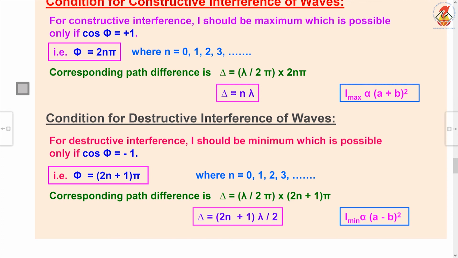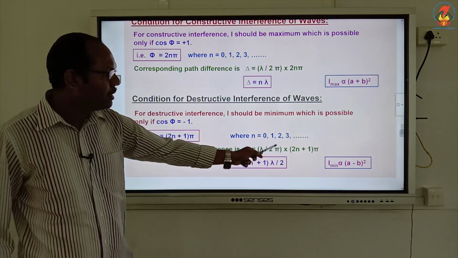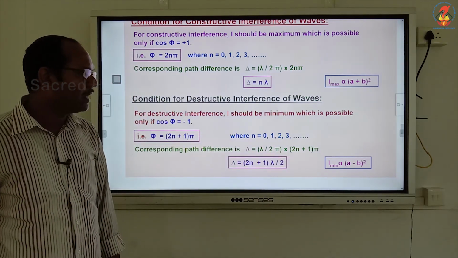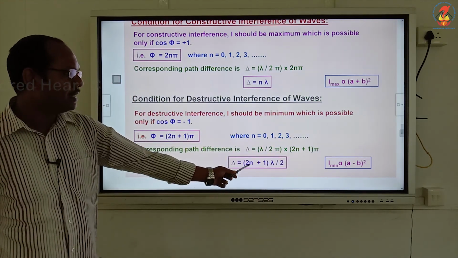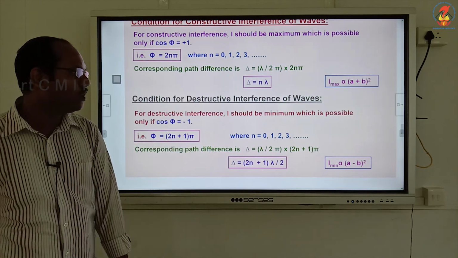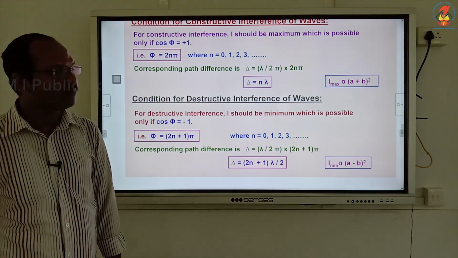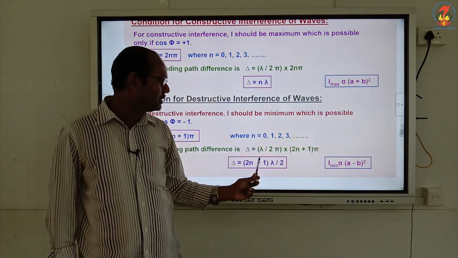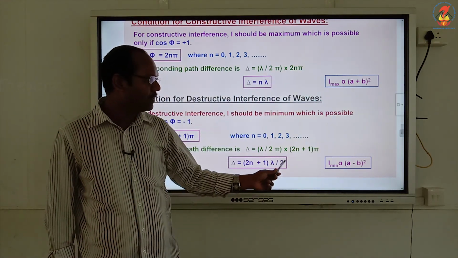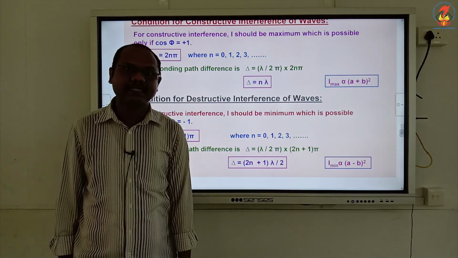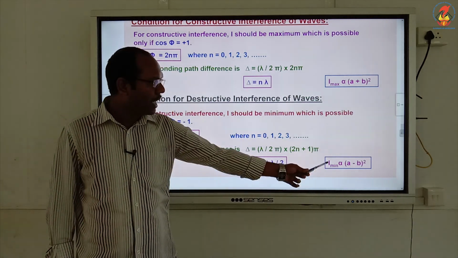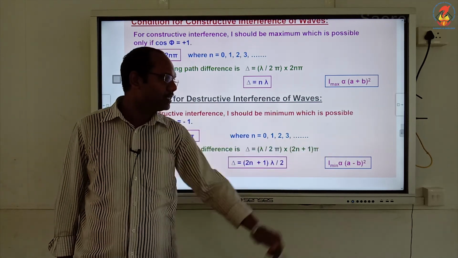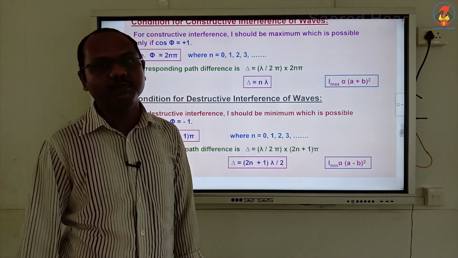And how will we find the path difference? Lambda by 2 pi into phase difference. Therefore, delta is equal to 2n plus 1 into lambda by 2. So delta is equal to n lambda is for constructive interference, and delta is equal to 2n plus 1 lambda by 2 is for destructive interference. And in destructive interference the intensity is minimum, and that minimum intensity is proportional to a minus b whole square.